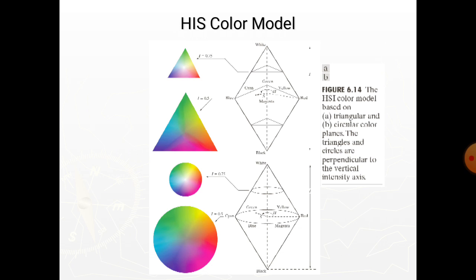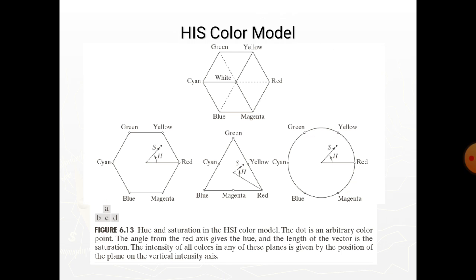In this plane we can see the primary colors are separated by 120 degrees, and the secondary colors are 60 degrees from the primaries, which means the angle between secondaries is also 120 degrees.